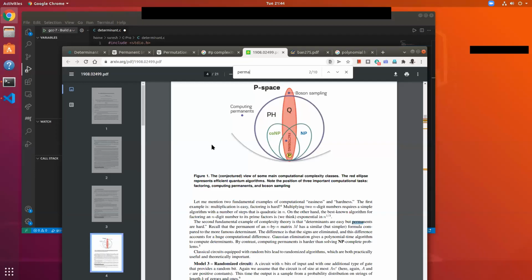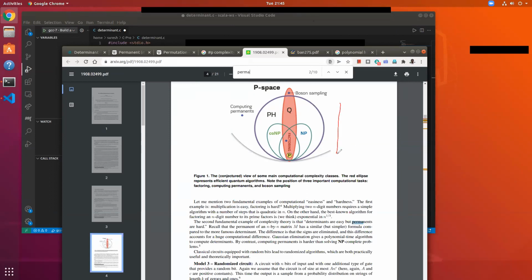Let me share my screen with you. So later on, you should do a course on complexity theory, and you see that the problems are classified into the degree of hardness, how hard they are. There is one particular classification which is called a polynomial hierarchy.